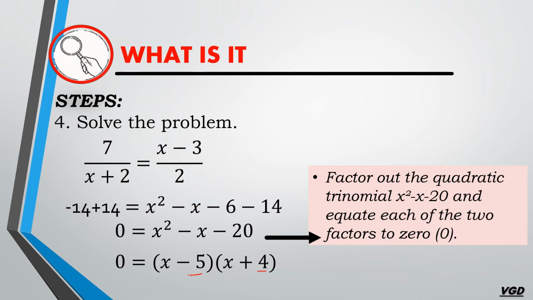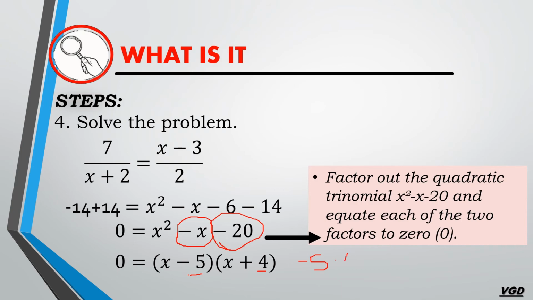We look for factors of the third term, which is negative 20, that when added will equate to negative 1. The factors which will equate to that are negative 5 and 4.